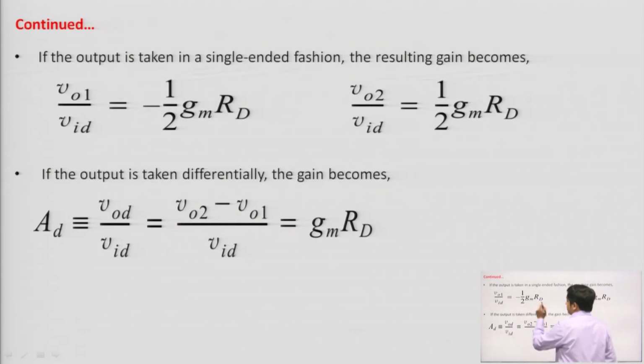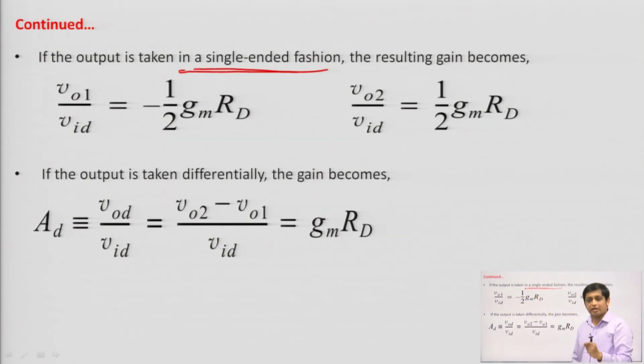The first case is if the output is taken in single ended fashion. Single ended fashion means we are taking the output from the drain of either the Q1 transistor or the Q2 transistor, only one of them, then in that case VO1 upon VID will be minus 1/2 gm RD, VO2 upon VID will be 1/2 gm RD.